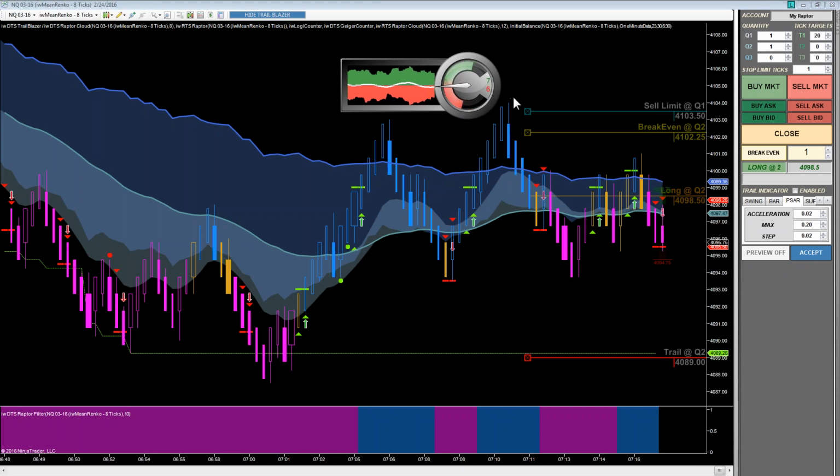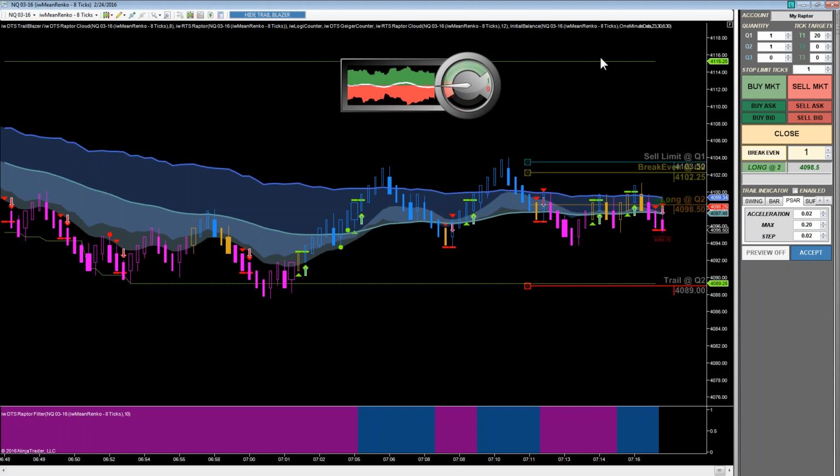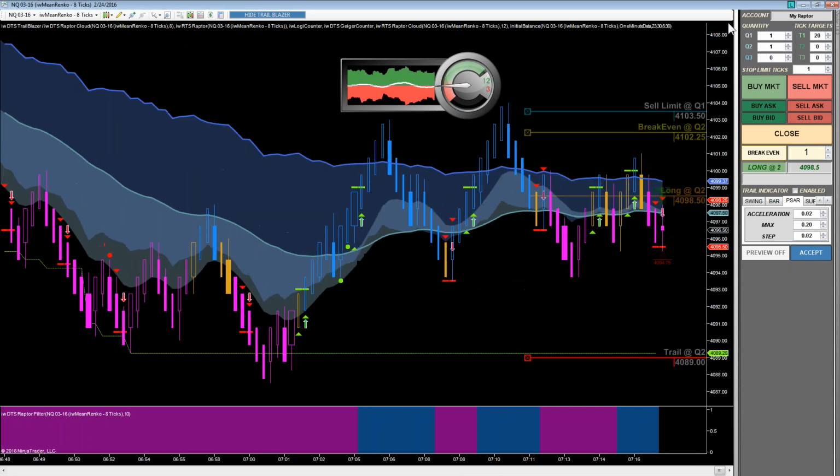And of course, if they can get it above these highs, well then we're going to see a rally. We'll probably see it rally, at least back to the high of the morning here at around 41.15, 41.16. So very, very important zone, if you will, for the market.